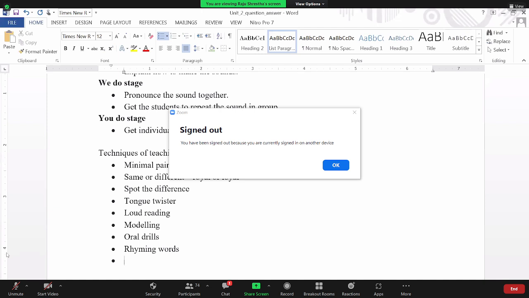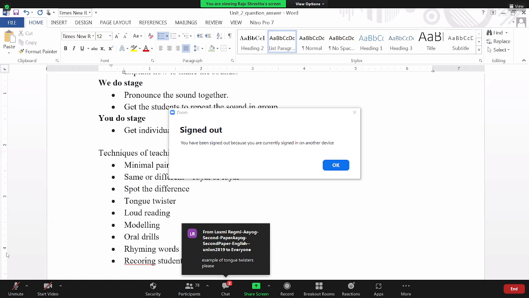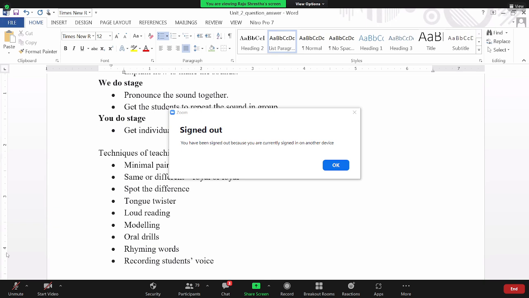And one can be recording students' voice. Record their own voice, and they can replay and listen again. When they record it, then they replay it, then learn where the mistake is and improve.